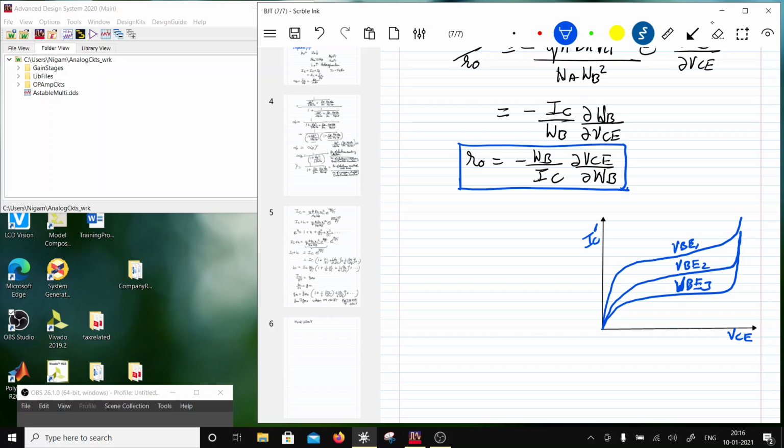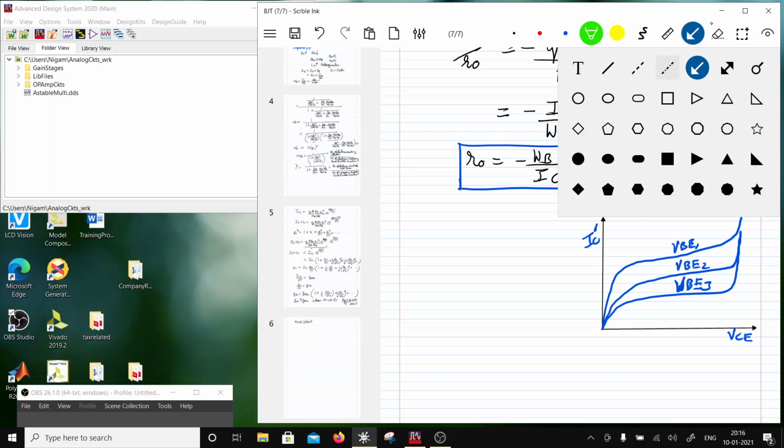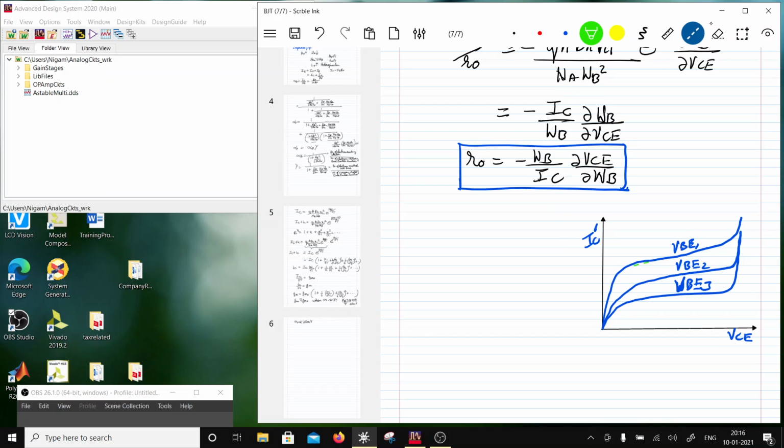Okay, so if I was to extend this slope, it is going to meet this axis somewhere here. Similarly, I can do this, they will meet at the same point here, right?